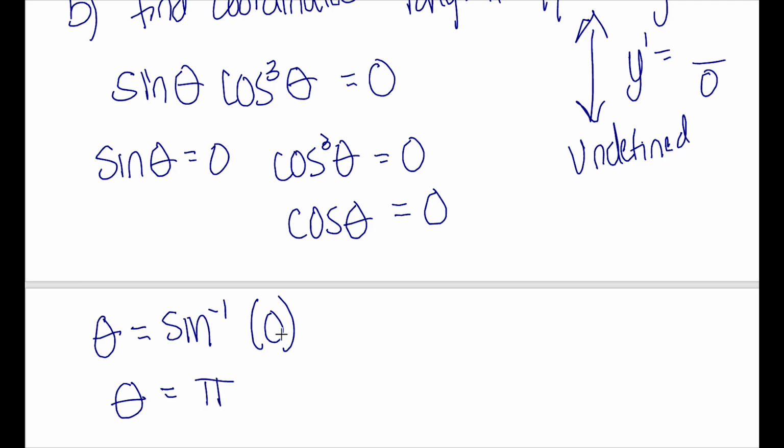That's the only answer that's in the range pi over 2 to 3 pi over 2. The inverse cosine of 0 would be pi over 2 or 3 pi over 2. But since it's not including those values, it's strictly less than and greater than, that is not a valid answer. So the only answer to this problem is theta equals pi.